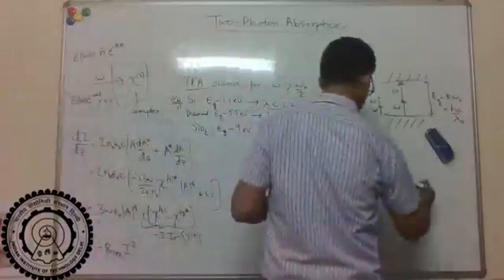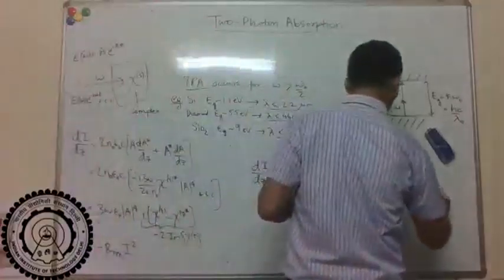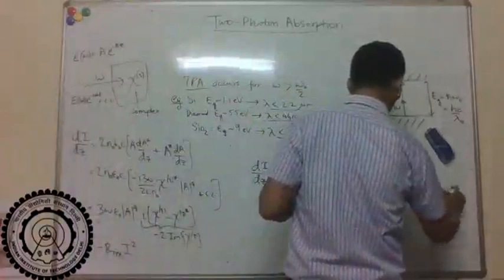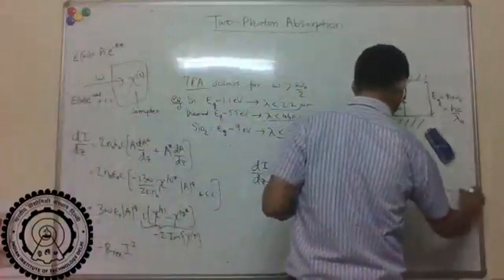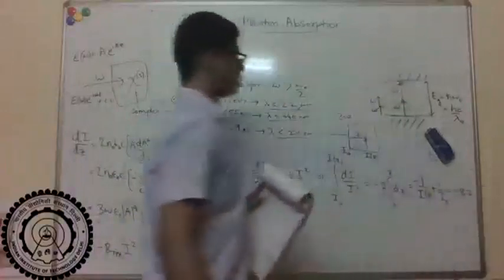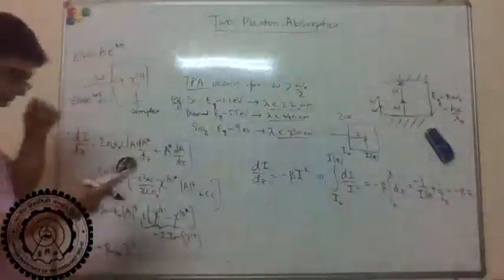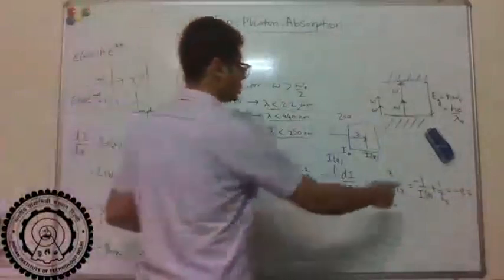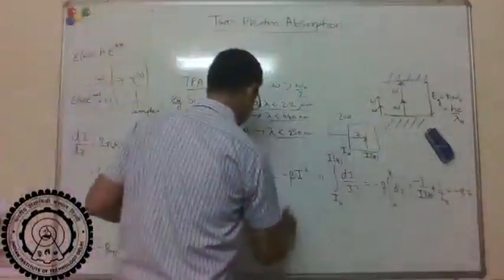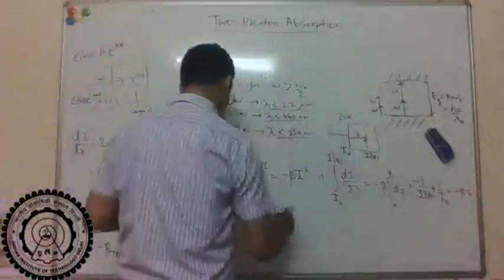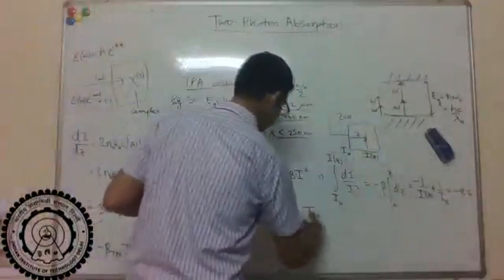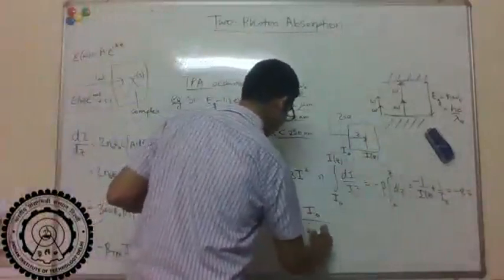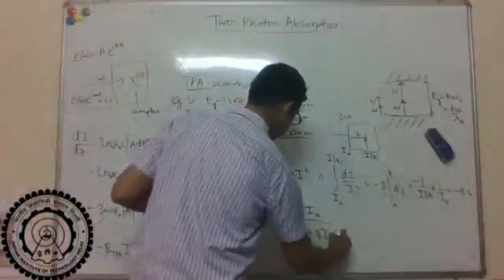Right, so here I get that. You can rearrange terms, and so I of z is basically I naught over 1 plus beta I naught z.